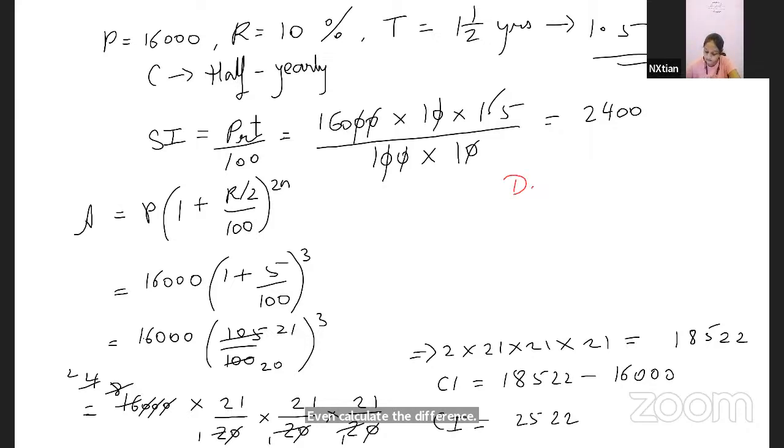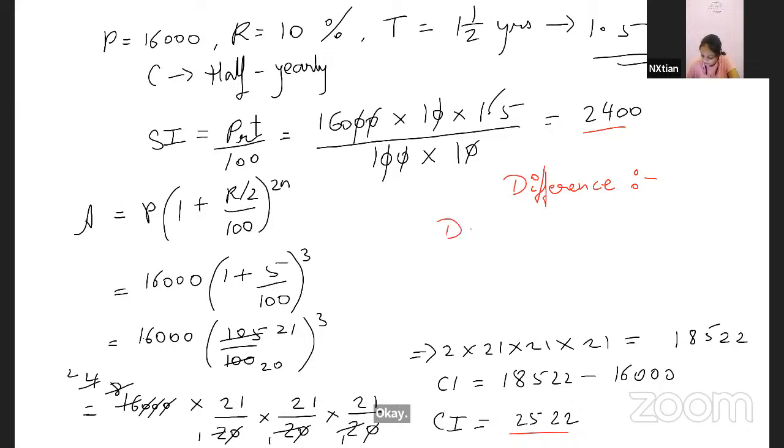Very good. But this is the CI, but the difference is different from that, right? Yes, the difference is between the compound interest value, that is 2522, and 2400. Ma'am, it's 122.